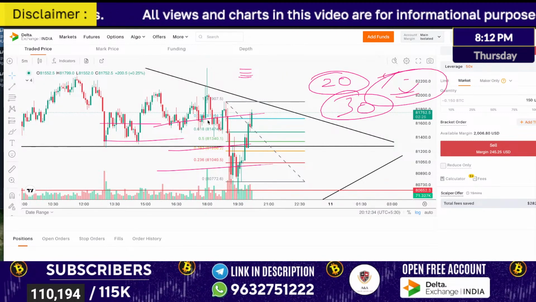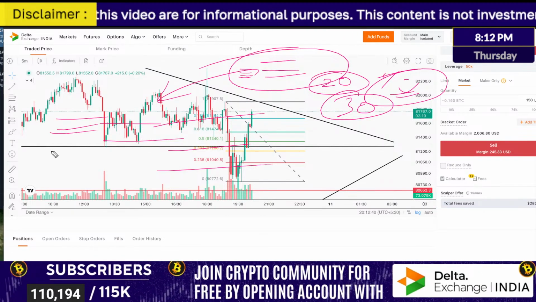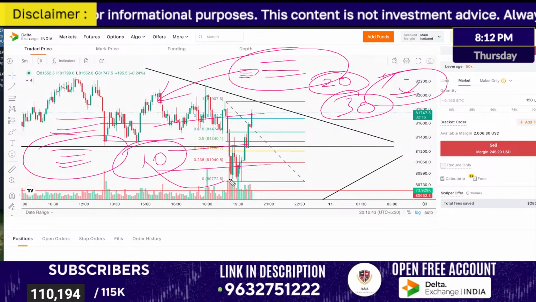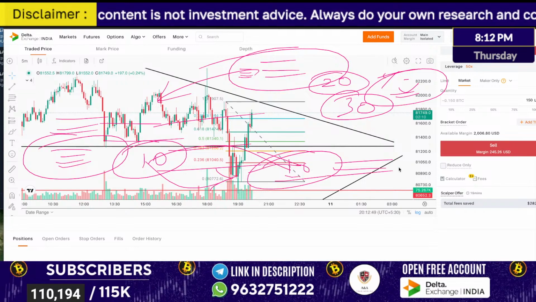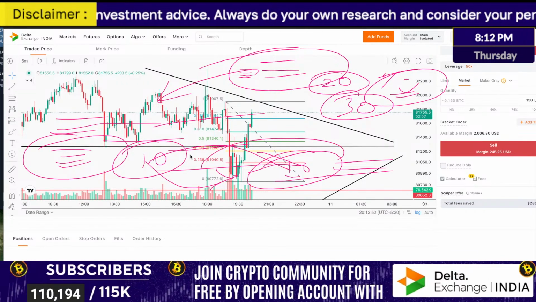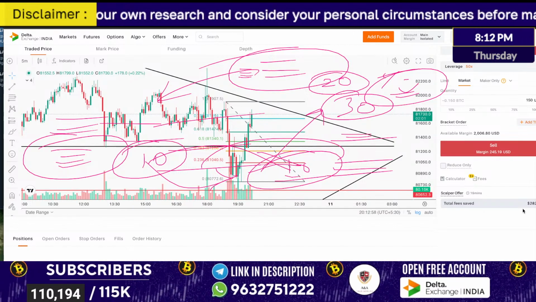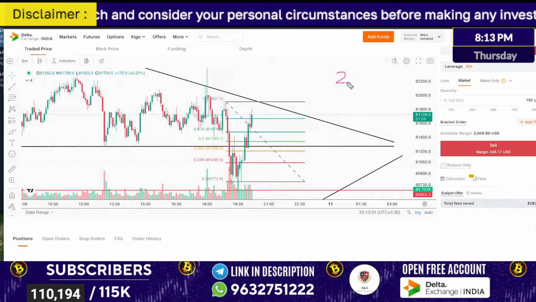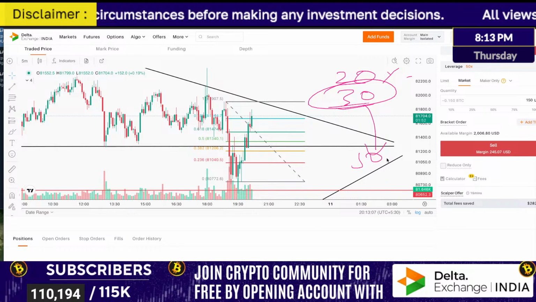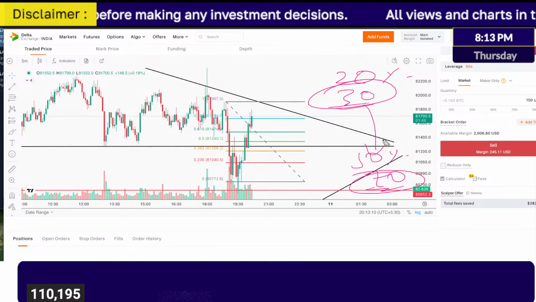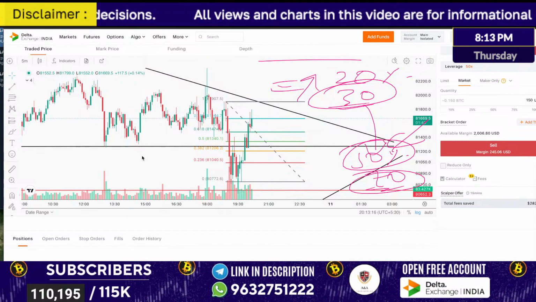Even if a monkey comes and trades, it has been proven that a mutual fund manager will choose 10 stocks, a monkey will choose 10 stocks, and the majority of the time both results are somewhat equal. What makes us stand apart is, are we thinking logically? And instead of 20%, 30% of the time, are we somehow managing to get that 50% success rate, 70% success rate? 50% also is great. You have seen how much risk we are taking, how much reward we are getting, right?